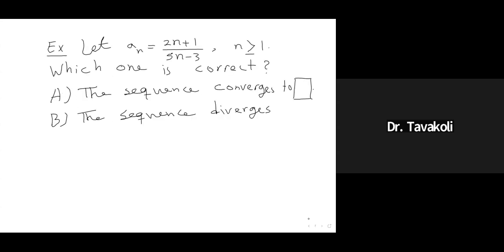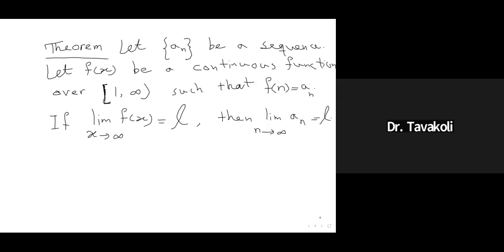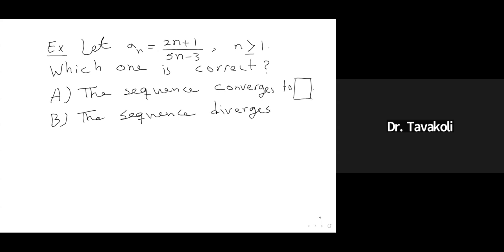Okay, now how do we deal with this? Using the theorem that I just talked about. What continuous function from 1 to infinity can you relate to this sequence? That's quite simple.